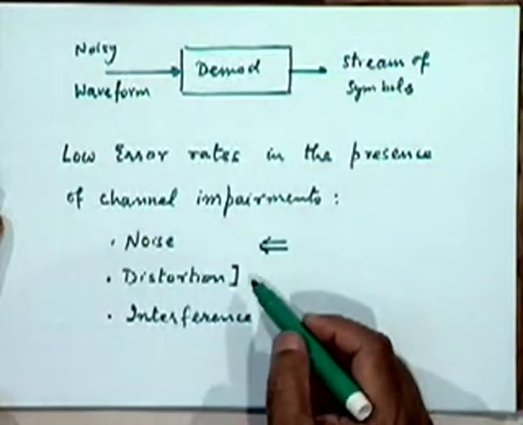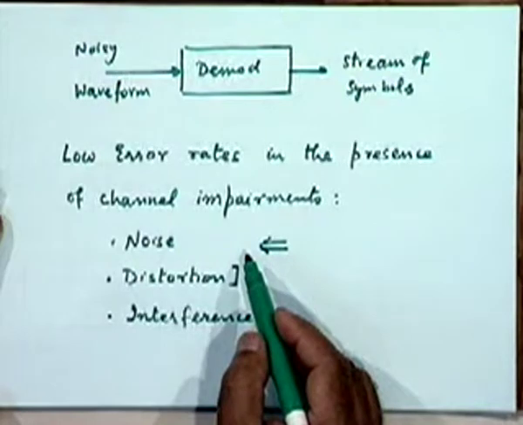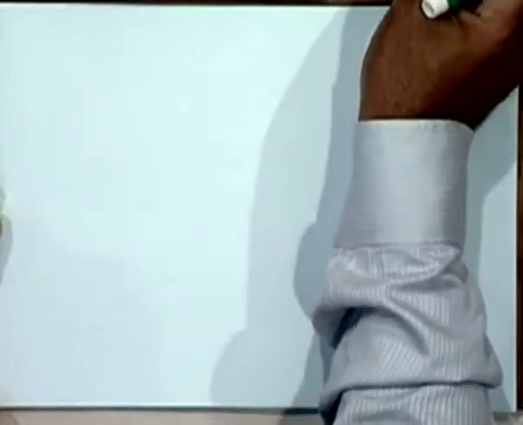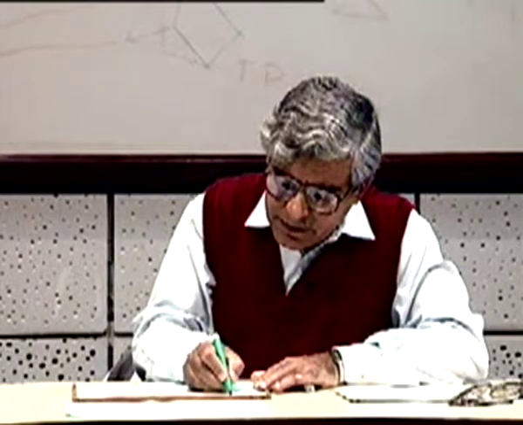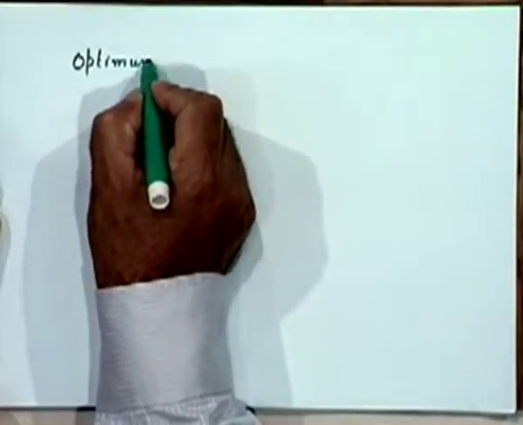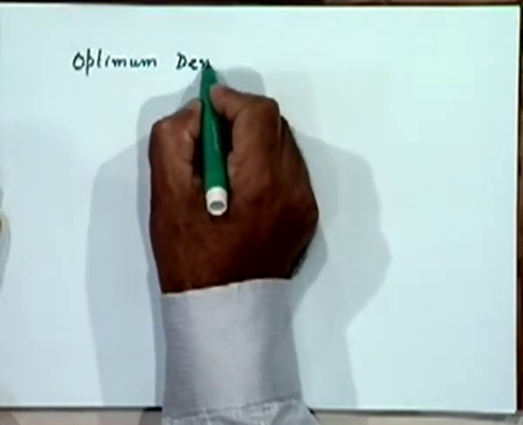Maybe we will pass some comments here and there, but broadly we will be concerned with this most important channel impairment, namely that of noise. Alright. And our concern here will be to study some kind of optimum methods or as good methods as possible for demodulation.